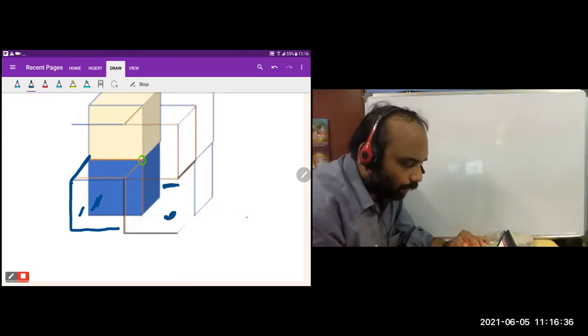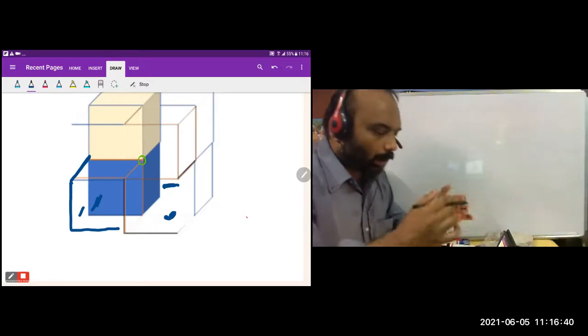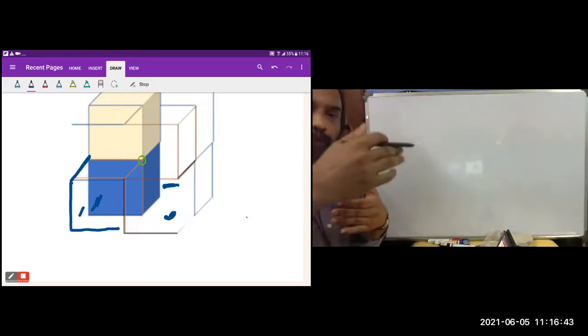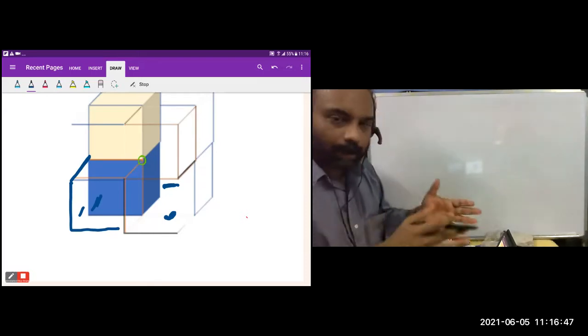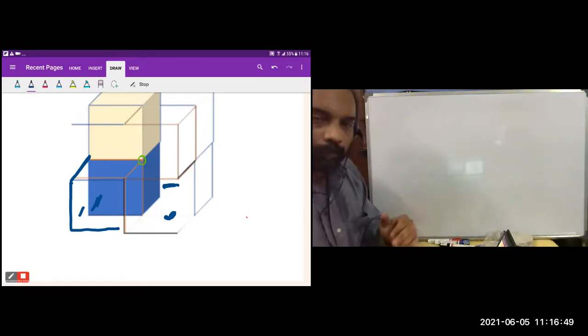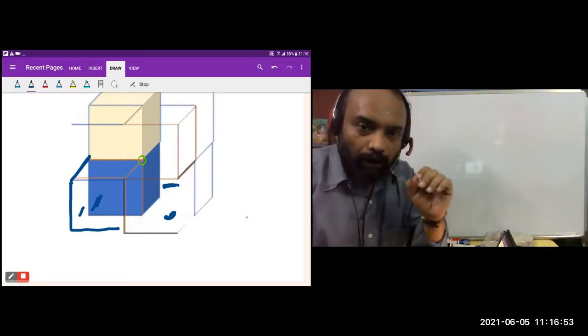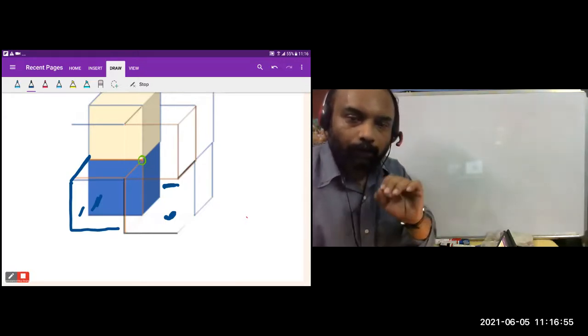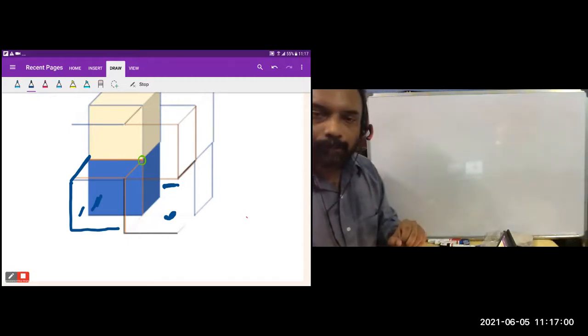Then similarly, I have two cubes on the top, and therefore I have a total of 4 above and side. So that means that corner atom is shared equally by 8 unit cells.